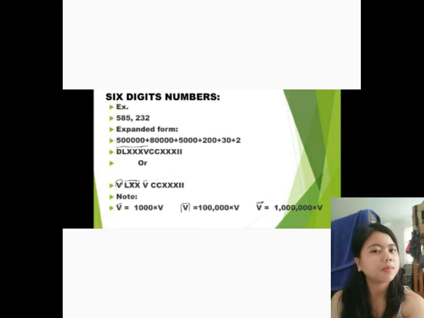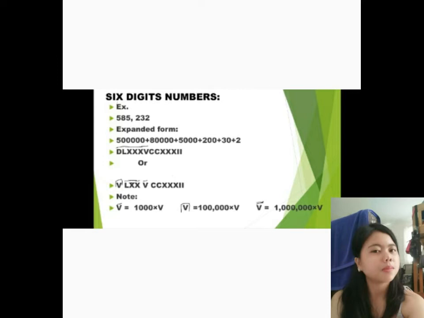So, when we convert it into Roman numerals, it will be V with a vertical column drawn over the symbols, LXX with a horizontal line drawn over the symbols, V with a horizontal line drawn over the symbols, CCCXXXII.